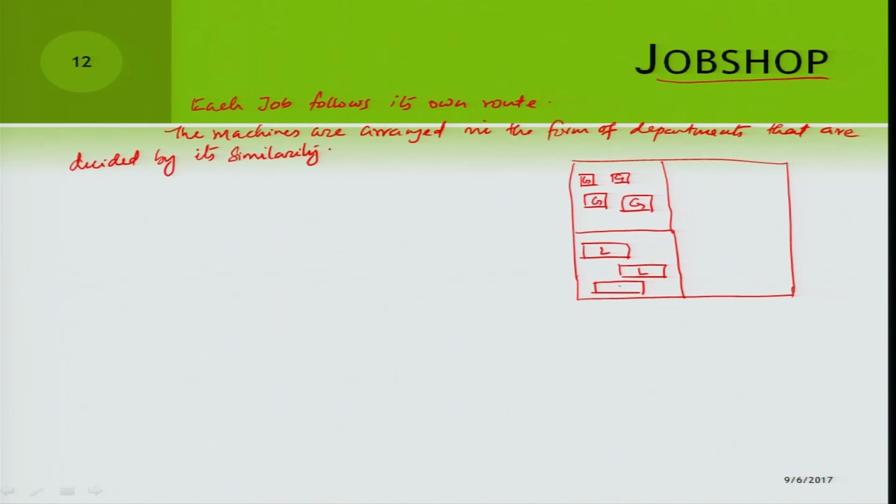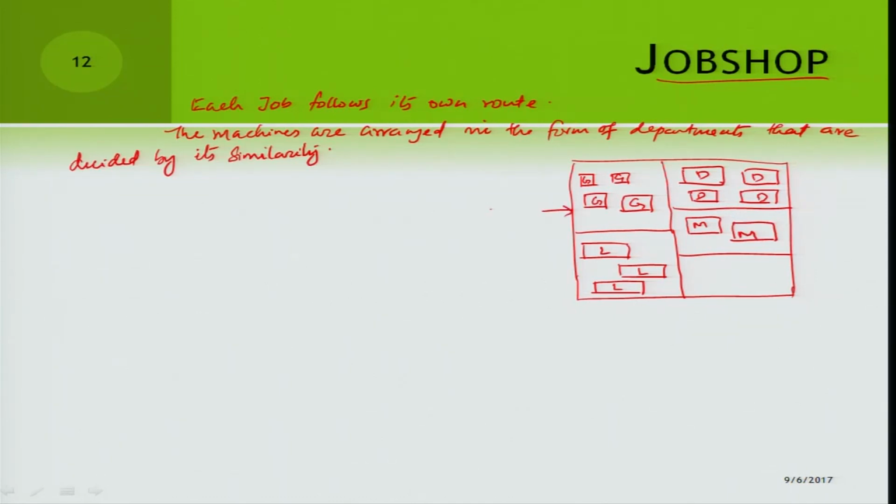L, L, L stands for the lathe, and then you have D, D, D and D. This stands for the drill, and then M stands for the mill.